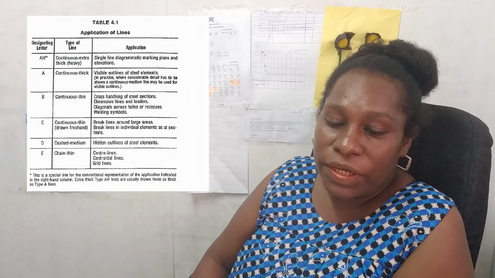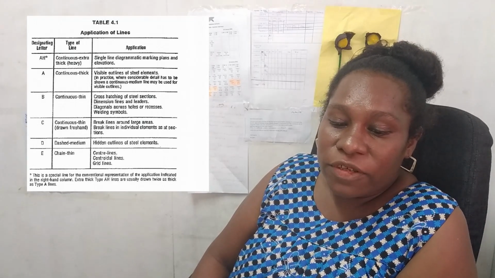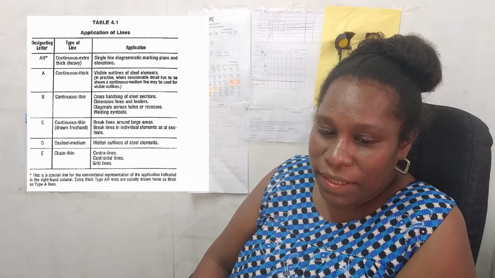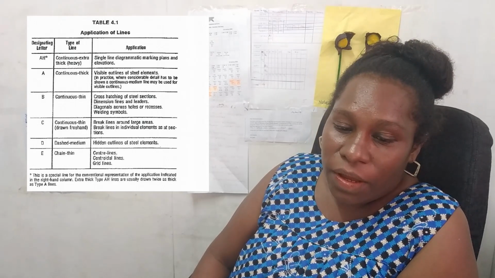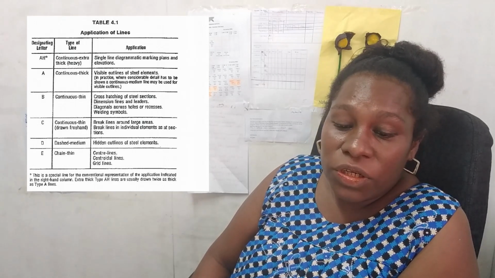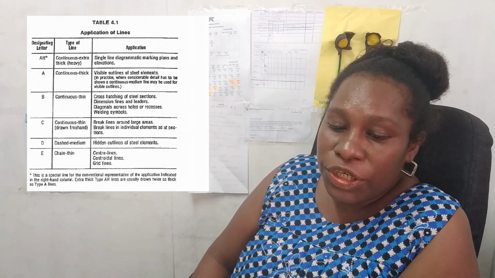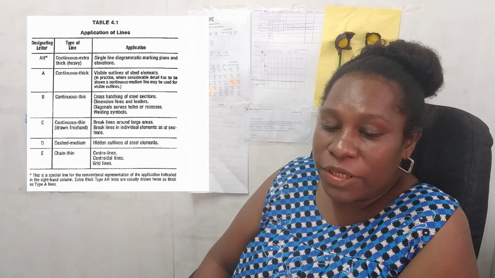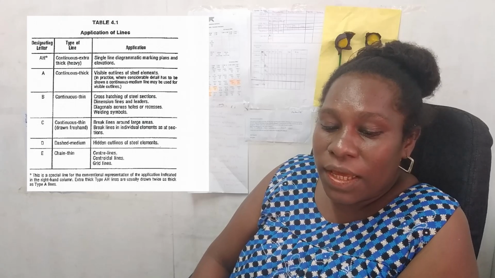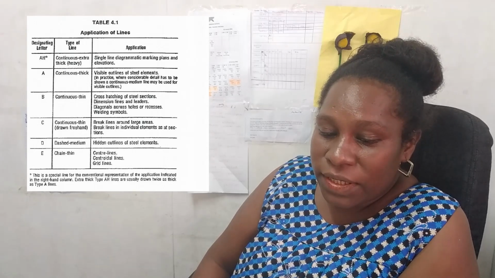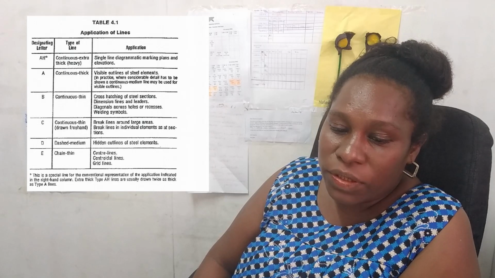You have your continuous thick lines for visible outlines of steel elements. That's designating letter A. B is your continuous thin lines, which are for cross hatching of steel sections, dimension lines and leaders, diagonals across holes or recesses, and welding symbols.